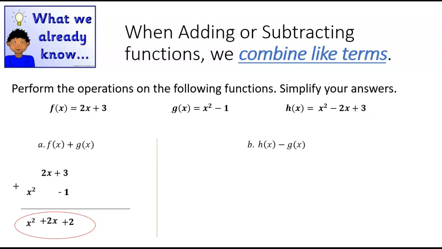One way to perform subtraction is to line them up vertically, just like what we did in the addition. We will call h of x the minuend, which is x squared minus 2x plus 3, and we will call g of x our subtrahend, which is x squared minus 1.